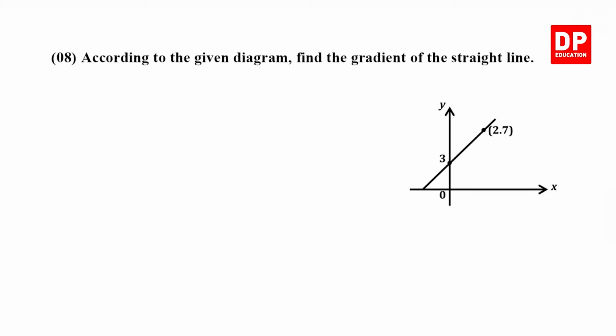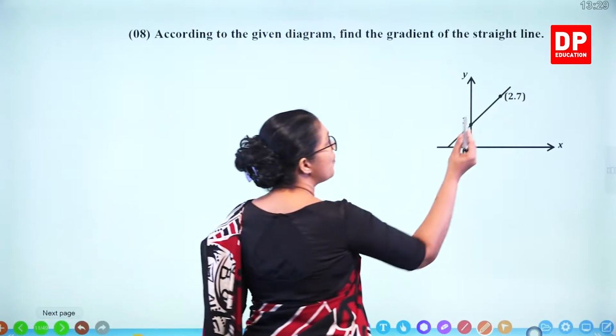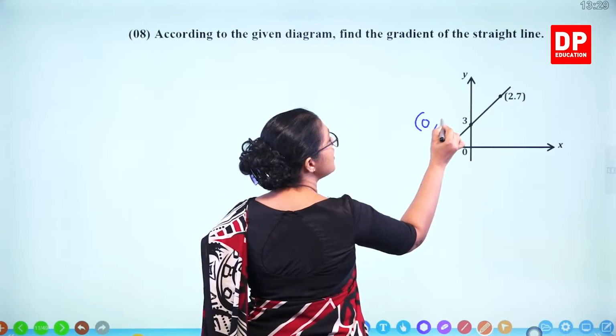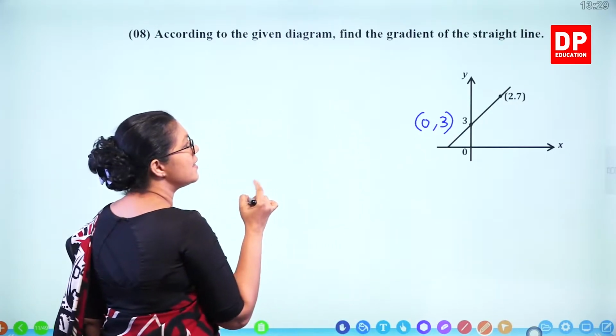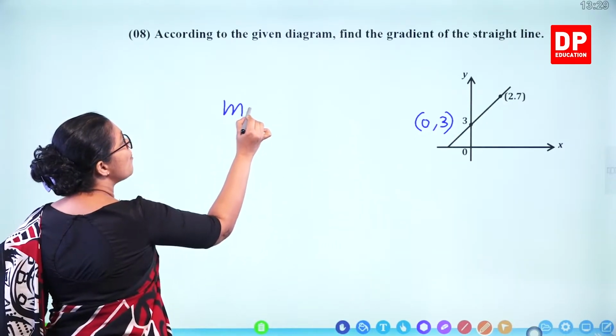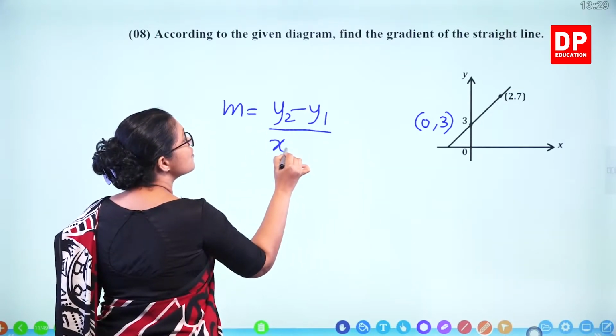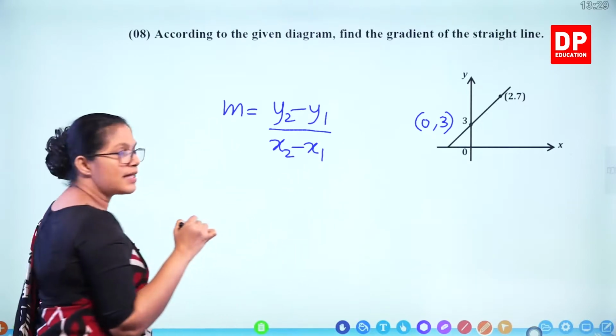Question number 8. According to the given diagram, find the gradient of the straight line. You need 2 points. (2, 7) is 1 point. What is this point? When x equals 0, the value of y is 3. So what's the gradient formula? Difference between y coordinates over difference between x coordinates.